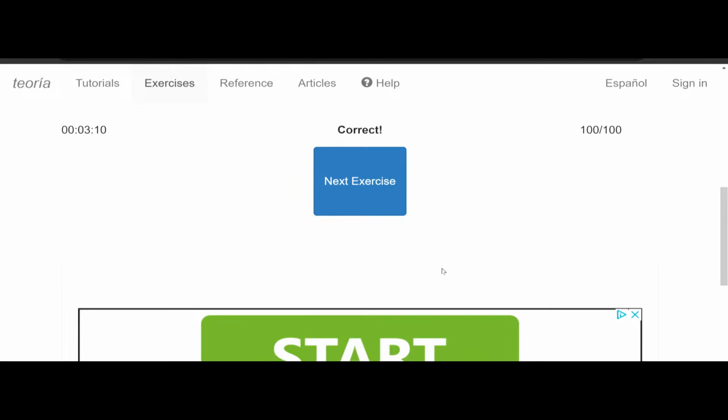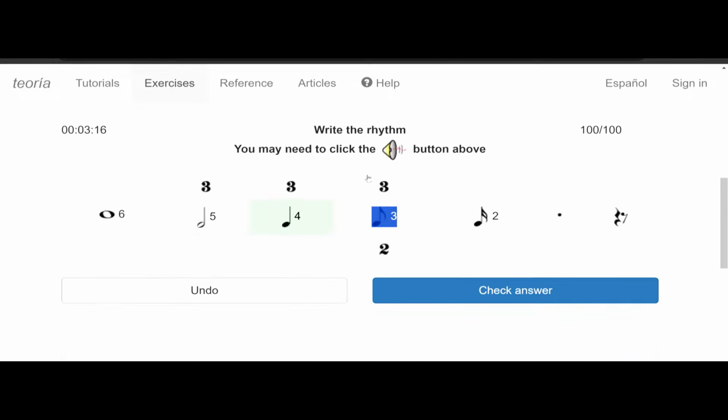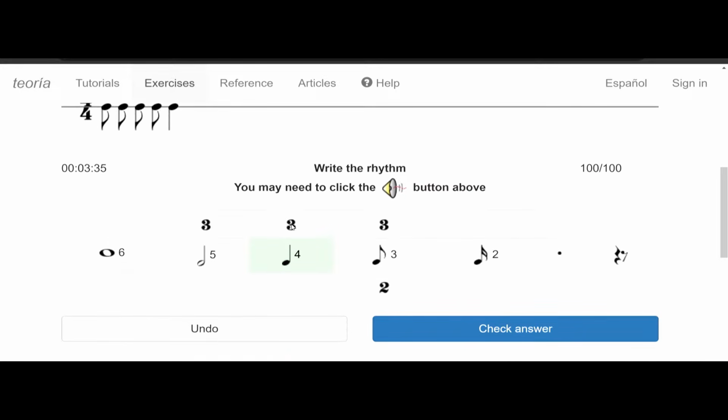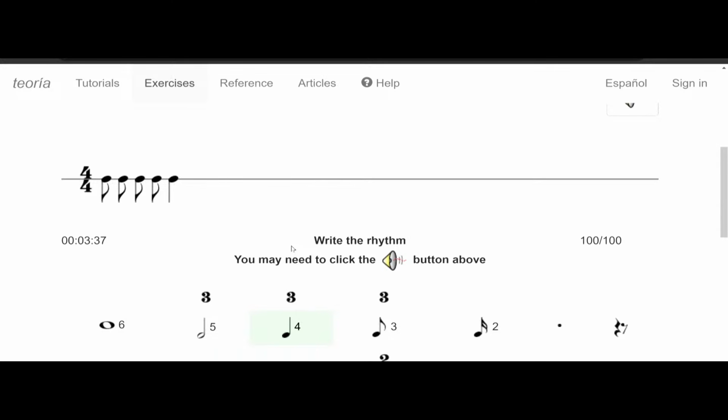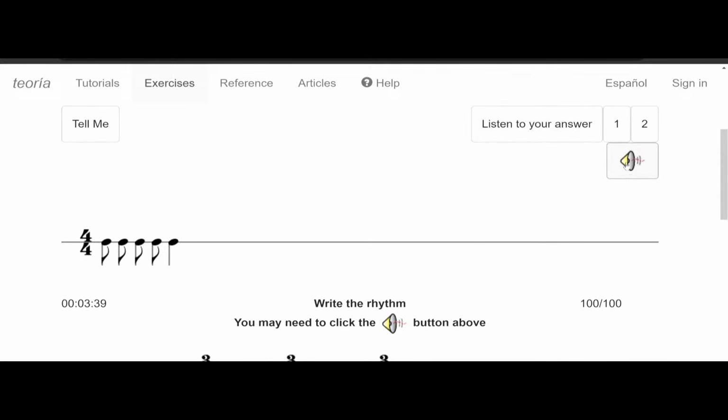Correct. We did it. We're going to do one more example, and then I'm going to tell you what to do with this exercise, because I want you to actually work on this a lot. So I heard bump, bump, bump, maybe. Okay. Let's listen one more time. And I said you can listen to this as many times as you want. Try to get it in 2 as a challenge.